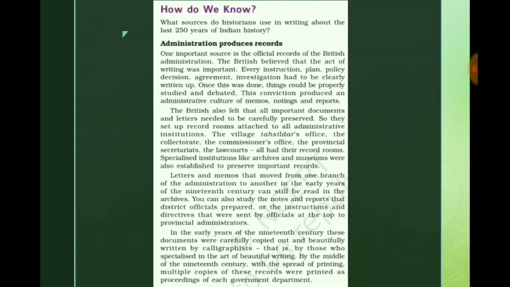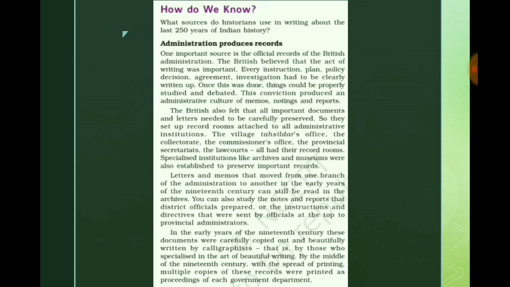And one of the good things about the British was that they believed in the act of writing. Every instruction, plan, policy, decision, agreement and investigation had to be clearly written up. It is a very good thing, because if we write things down, we can study them further and debate on them.